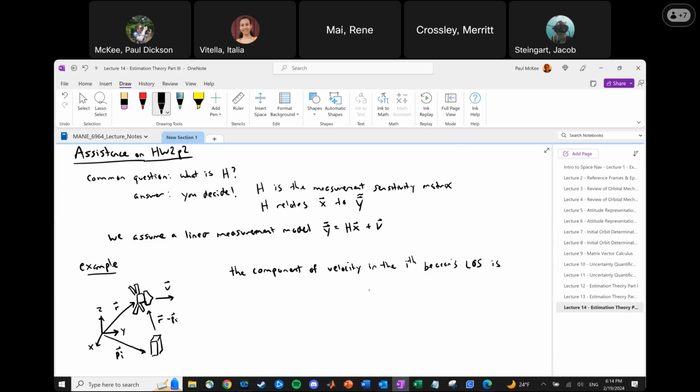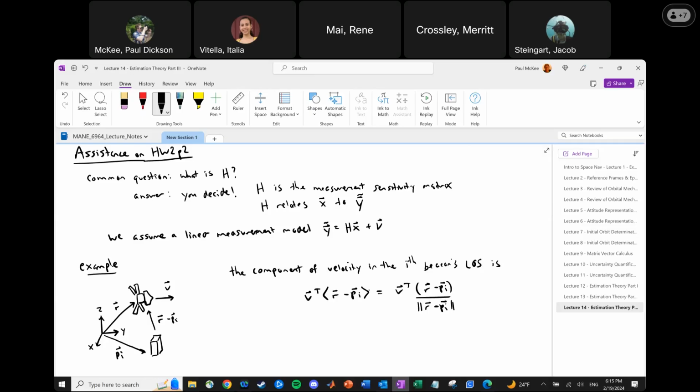Well, it's going to be the velocity transposed onto the vector r minus p_i normalized, which is the same thing as v transpose (r minus p_i) divided by the norm of r minus p_i.